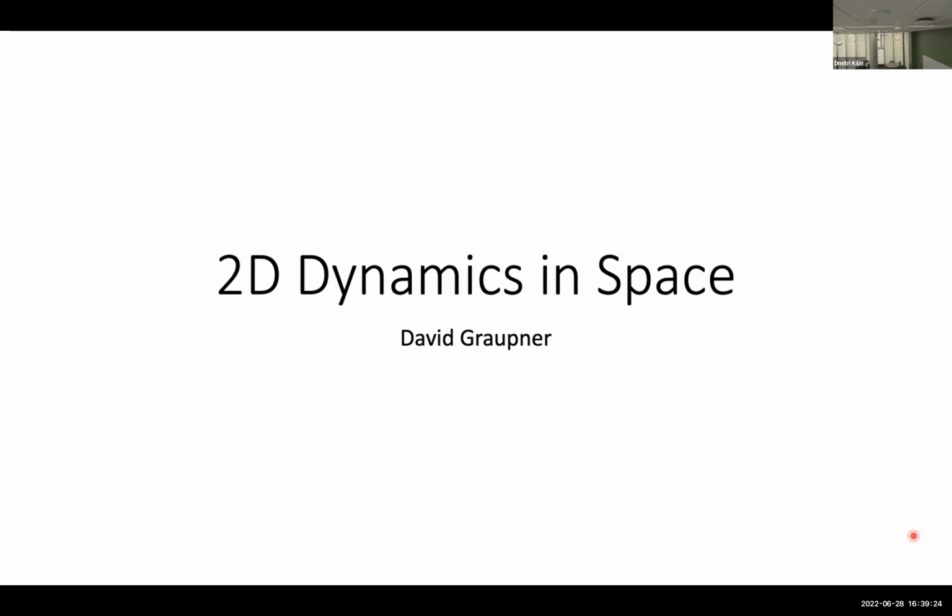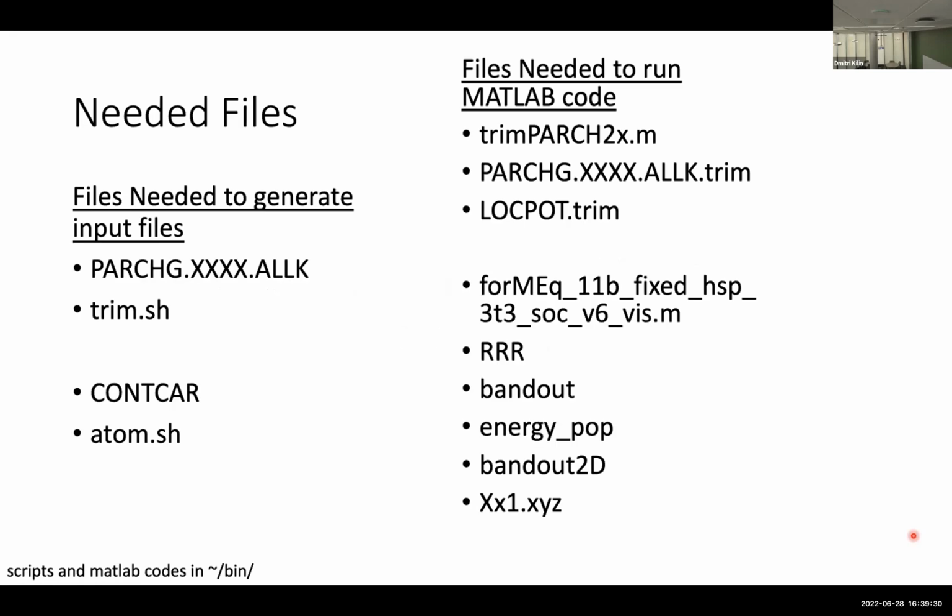Okay, let's go ahead. So we are looking at generating 2D dynamics in space. To begin with, we need our input files. All these files right here are the input files we need for the MATLAB code. Then we have a few different files we need to generate them. We need the part charge files and the trim.sh code.